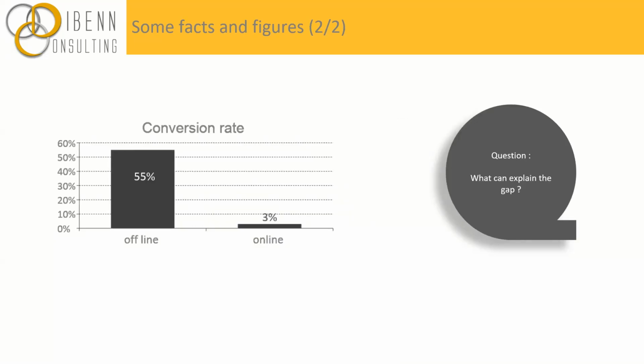One can ask the question, what can explain the gap between those two conversion rates? Well, there are many factors that can explain this. The most obvious one is that online you can literally shop in any place in the world at any time, whereas for offline shops you are limited by timing and geographical boundaries.